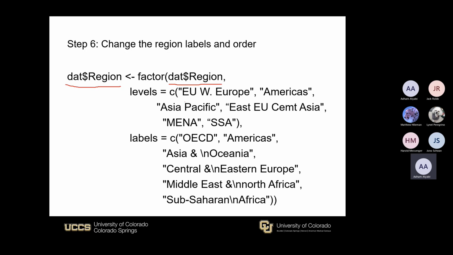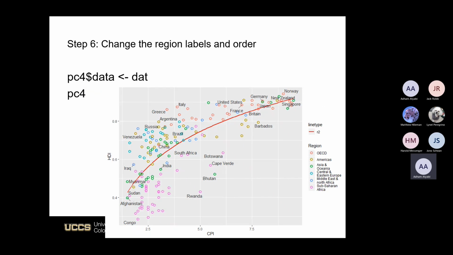These levels are the labels that we see right now, but the labels are going to be changed to this. Now, when we construct the plot using these data, the order should basically appear as it does in the original graph. So it starts to look like this.